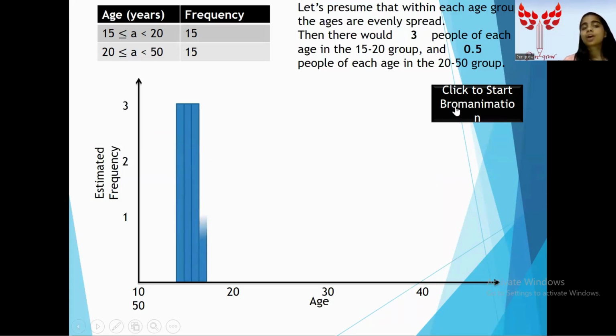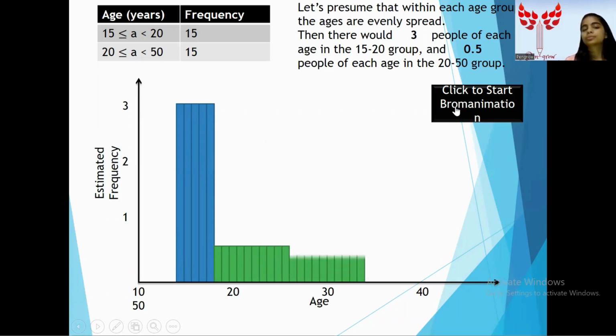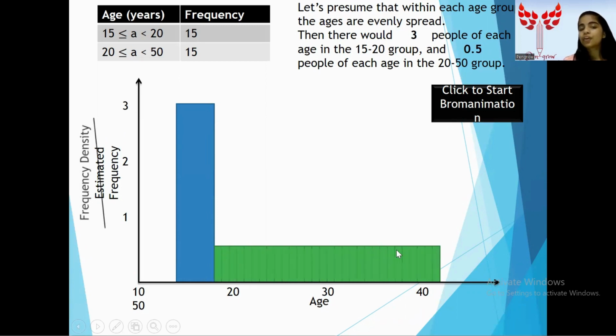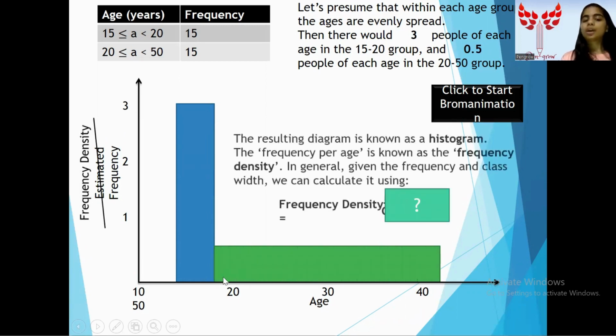It shows 0.5 for ages 20 to 50, and it shows 3 for ages 15 to 20. So instead of frequency, you have frequency density here.